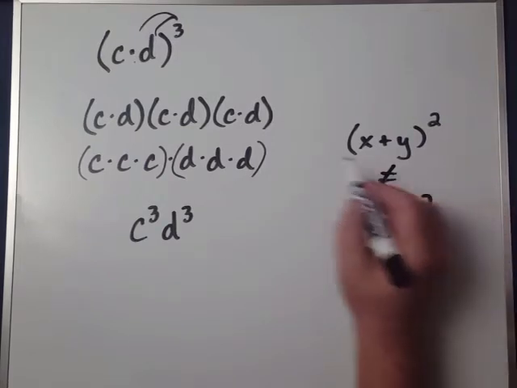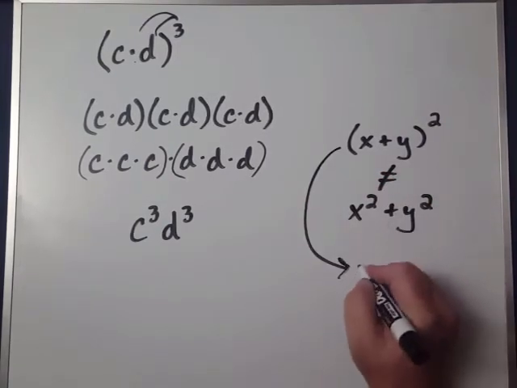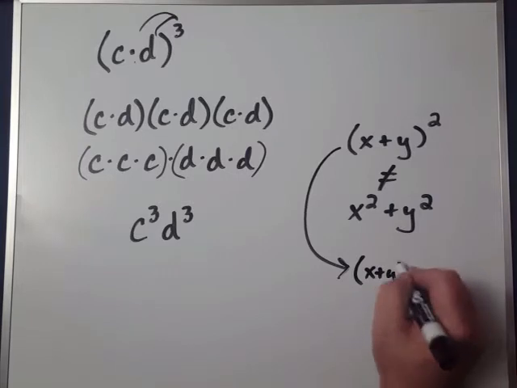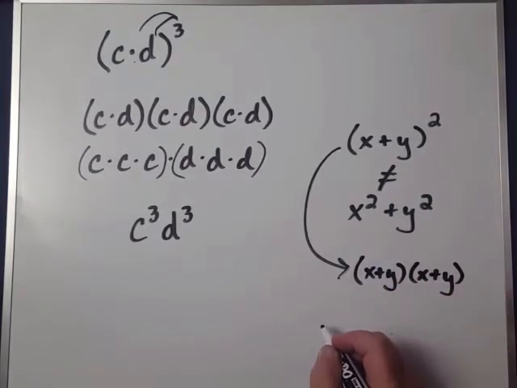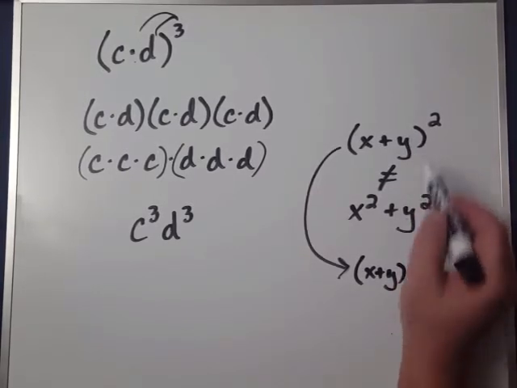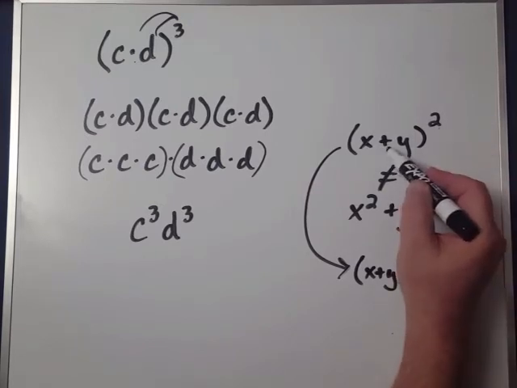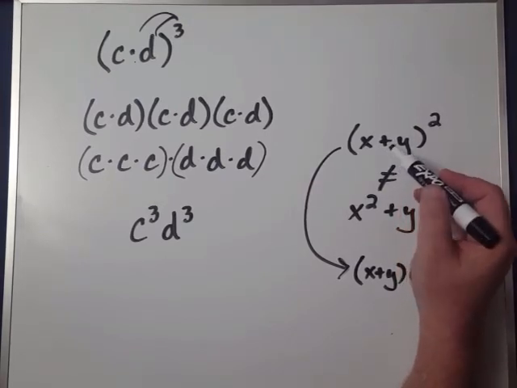We'll find out later in chapter 4 that this is equal to x plus y times x plus y, and if you remember from your high school algebra, we'll FOIL that out. But do not distribute a power over addition or subtraction.